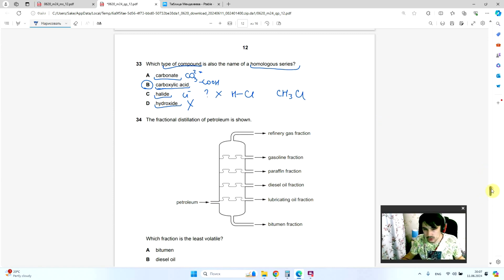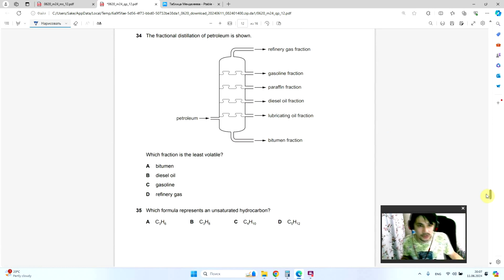Okay, next question. Fractional distillation of petroleum is shown. Which fraction is the least volatile? Okay, least volatile means it will be at the bottom of the fractionating column. As you remember, fractions with the lowest boiling point or highest volatility, these properties are in opposite relationship, go off first.